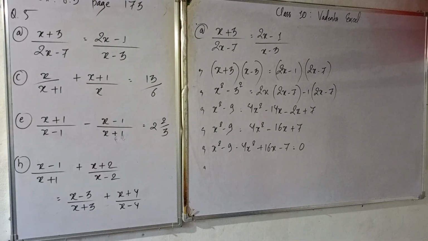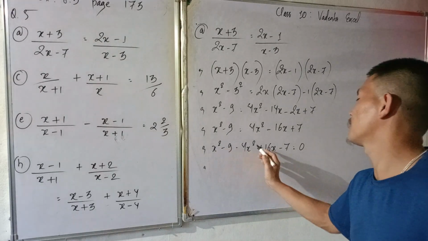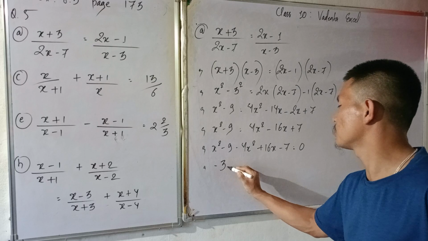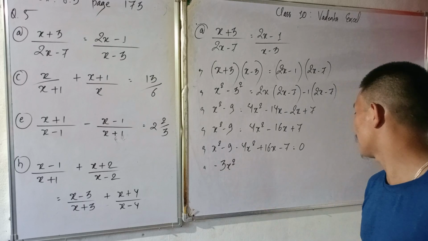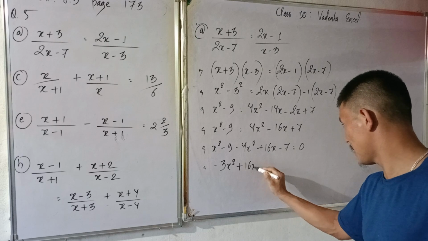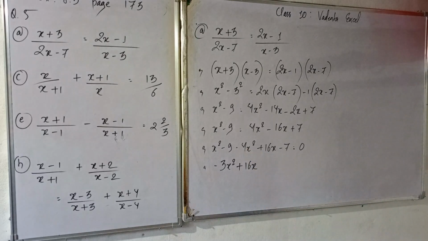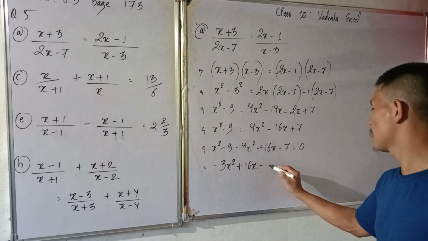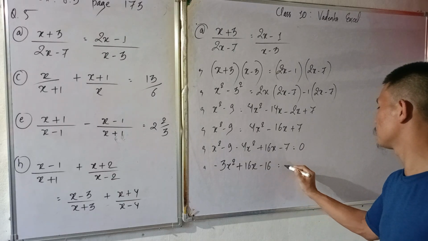Now operate the like terms: x square minus 4x square is minus 3x square, plus 16x, and then minus 9 minus 7, which becomes minus 16, is equal to 0.